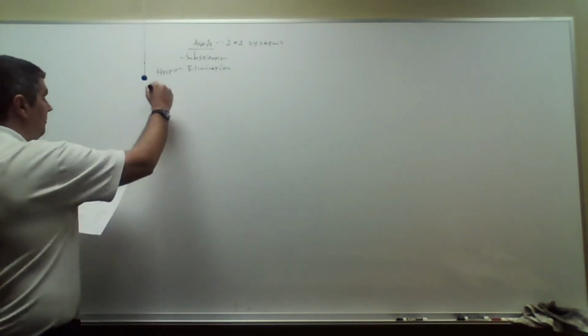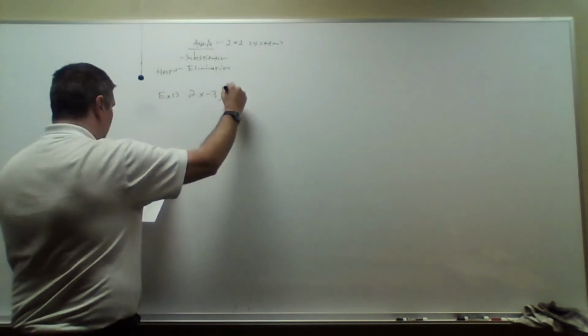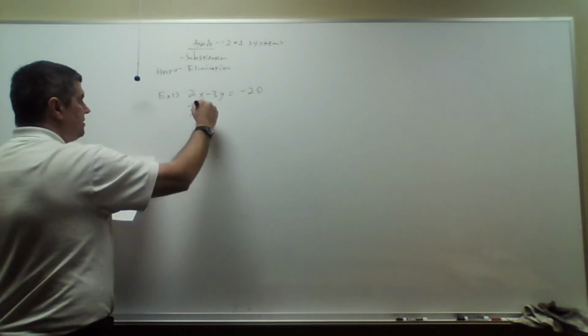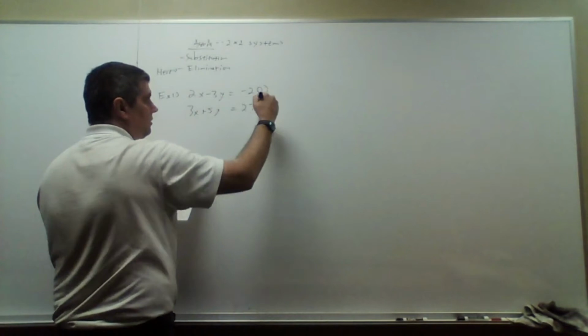Example 1 is 2x minus 3y equals negative 20, and this is 3x plus 5y equals 27.